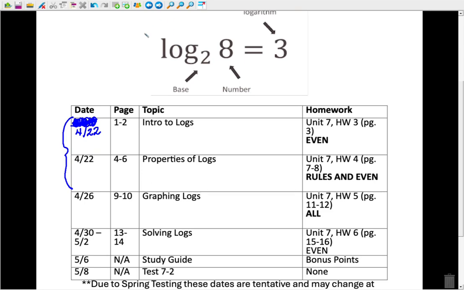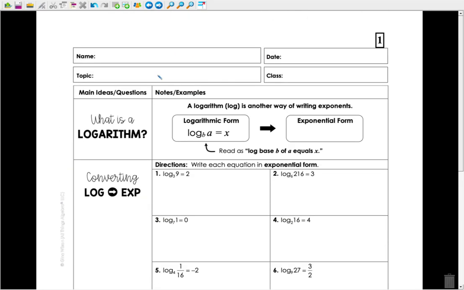All right, there was a reason I gave you the bell work I gave you, because I needed your brain thinking about exponents, because logarithms are just another way of writing exponents. This is what we call logarithmic form. It's read as log base b of a equals x. What this essentially means in exponential form is your base to your exponent equals what number?